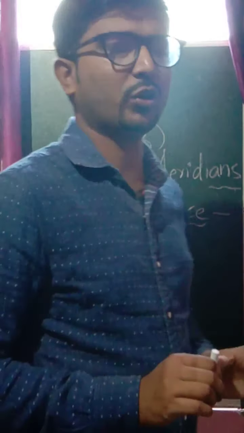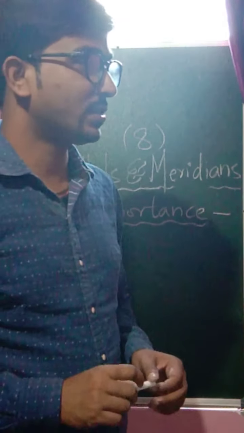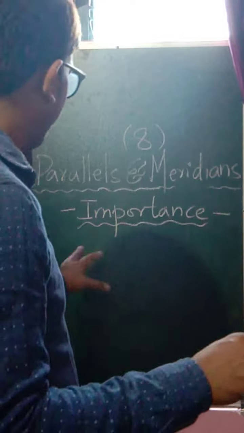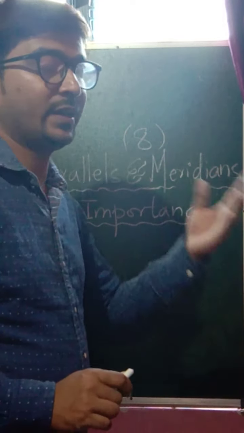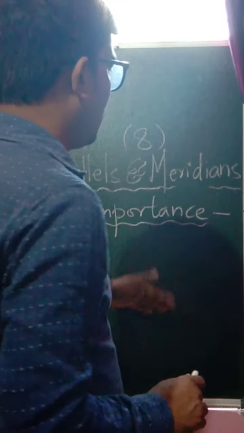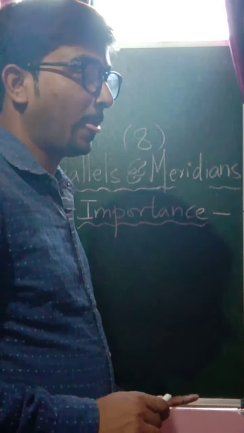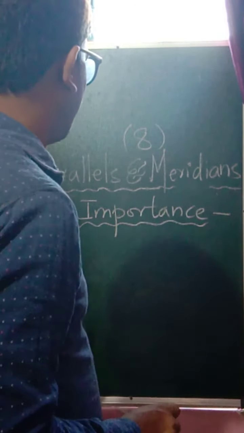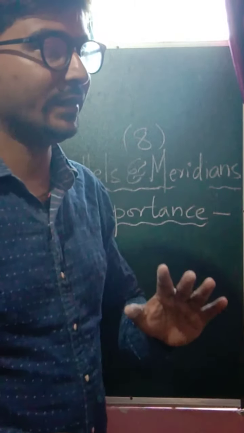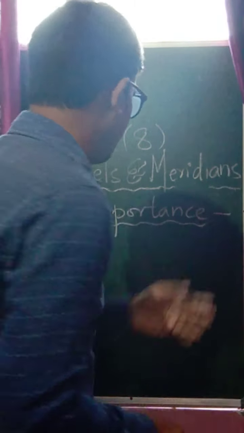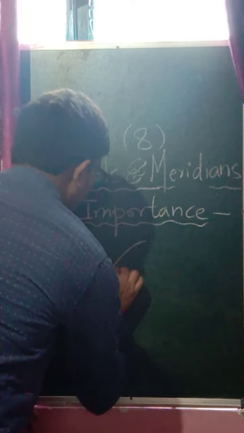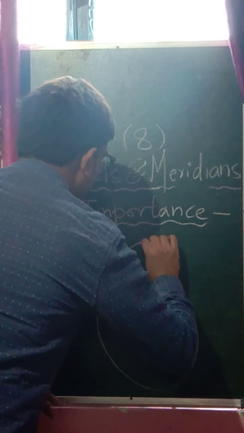Now these lines, as we have known, there is 0 degree, there is 90 degree of North Pole, different latitudes, and 90 degree of South Pole, and there are 4 important parallels of lines which lies above. This has to be understood very carefully.